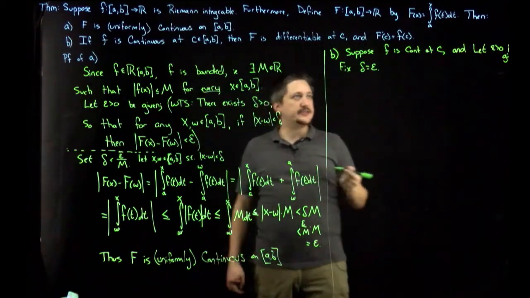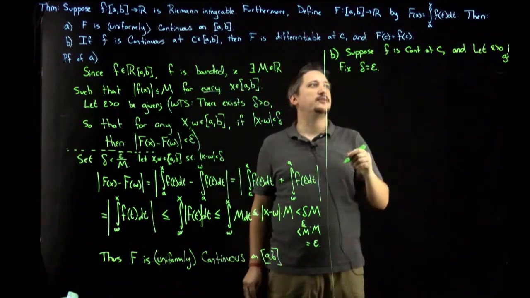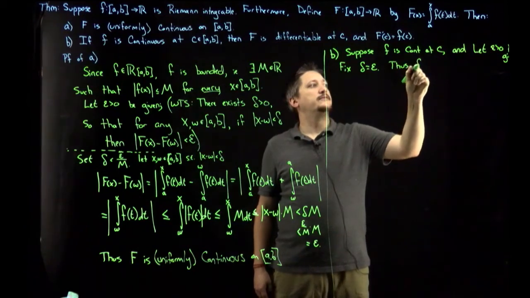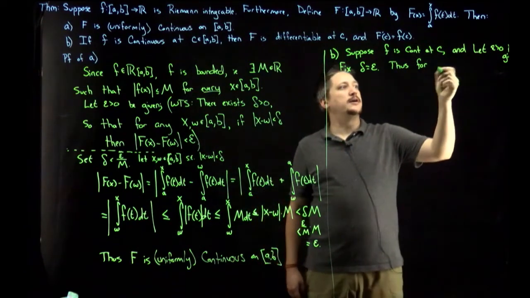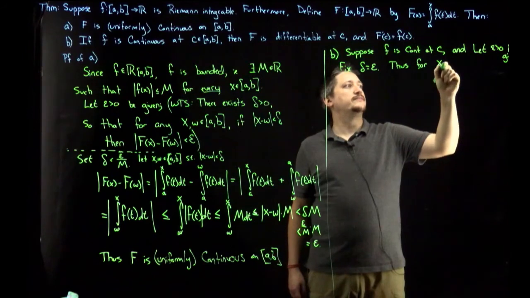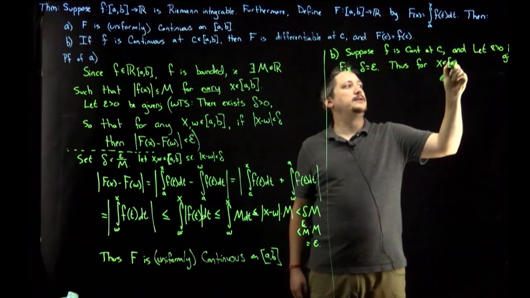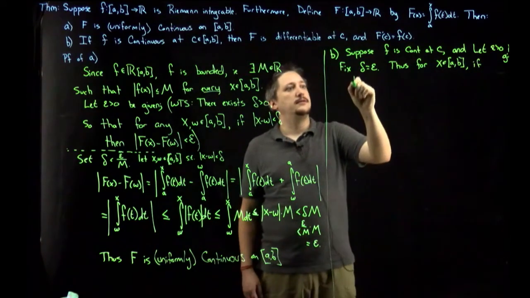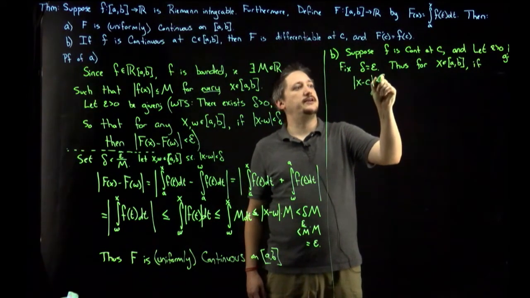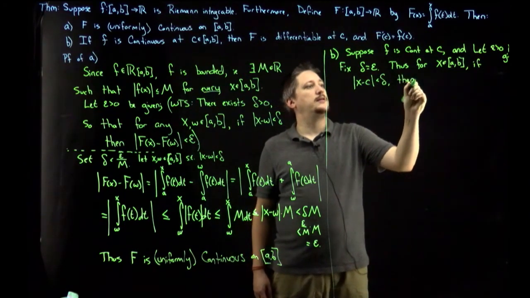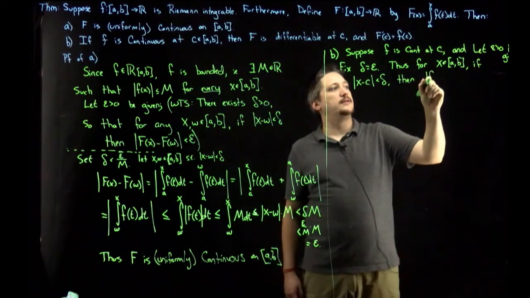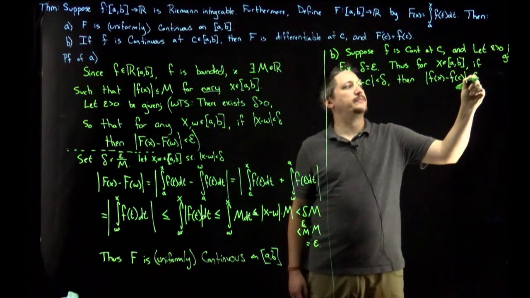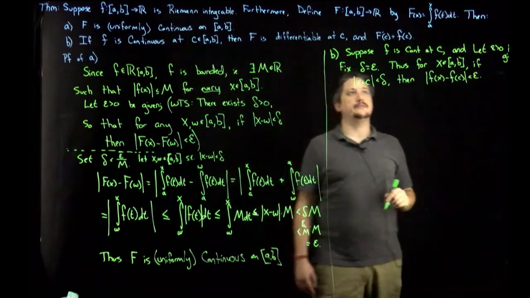So there exists this delta, specifically epsilon, such that for, let's say, x in (a,b), if |x minus c| is less than delta, then we have that |f of x minus f of c| is less than epsilon. This is what it means to be continuous, right?